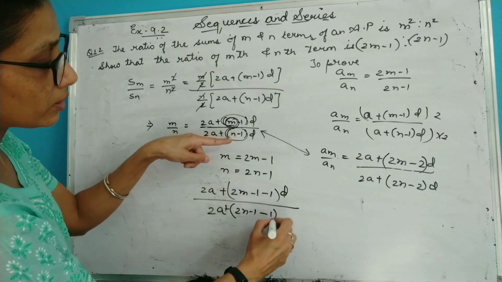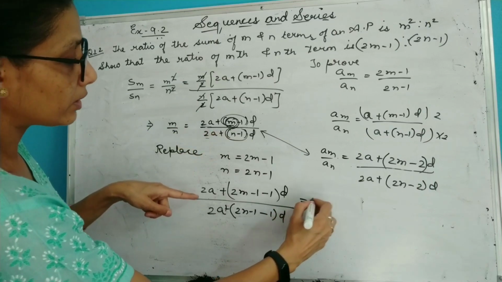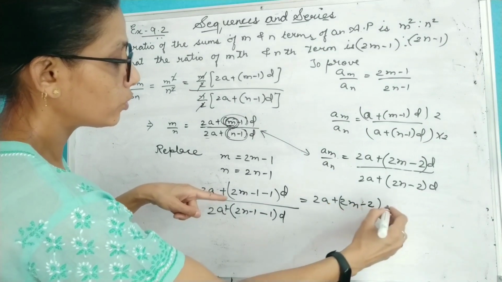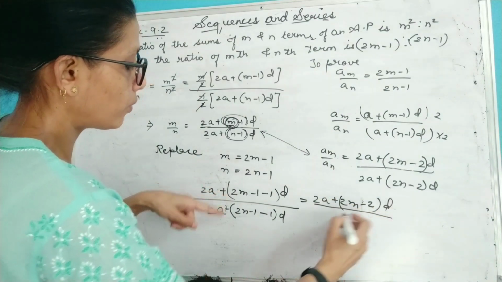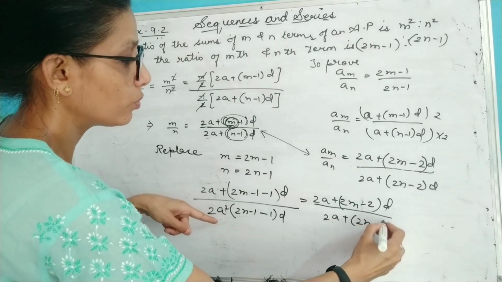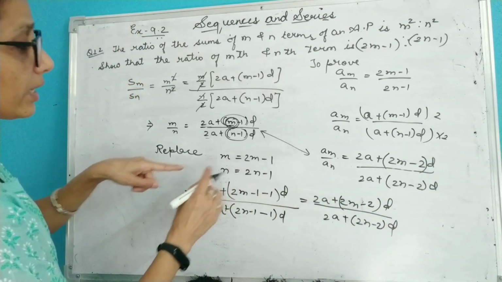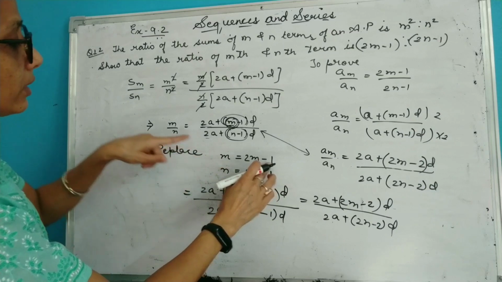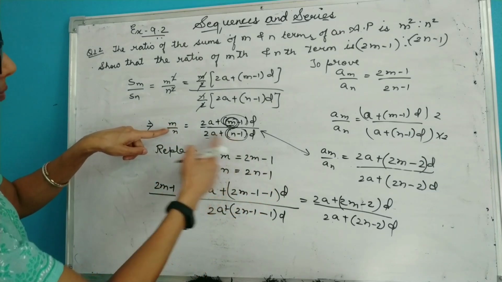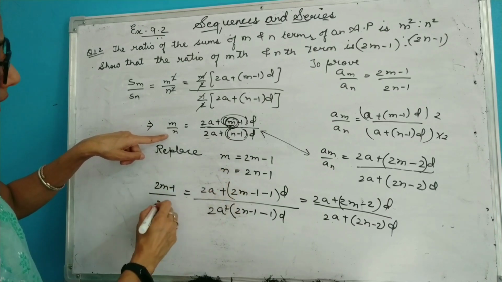Again this is minus 1 into d. So I am getting it as 2a plus (2m minus 2) into d upon 2a plus (2n minus 2) into d. And since I have replaced m with 2m minus 1, I will be replacing n also with 2n minus 1.